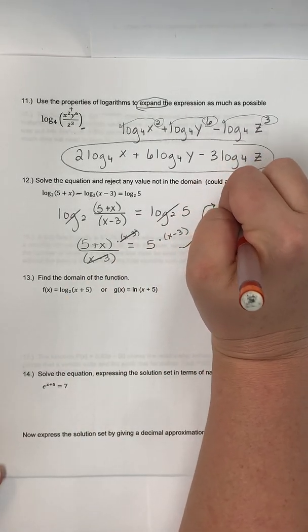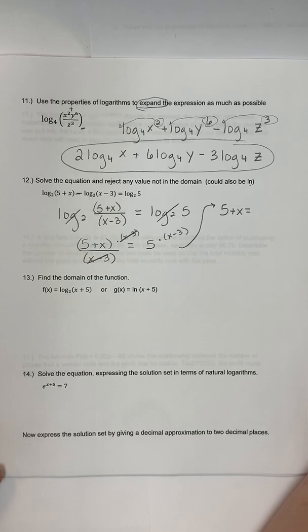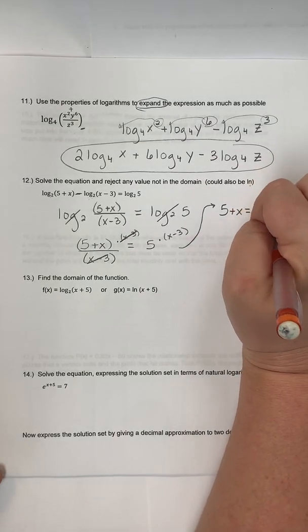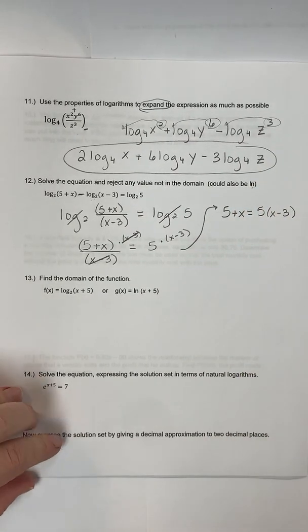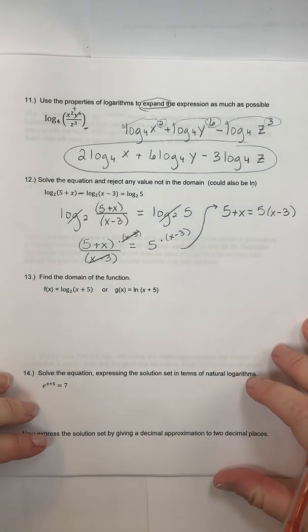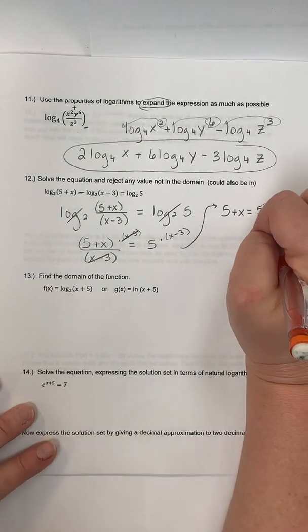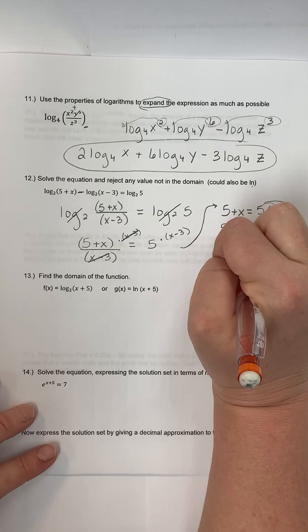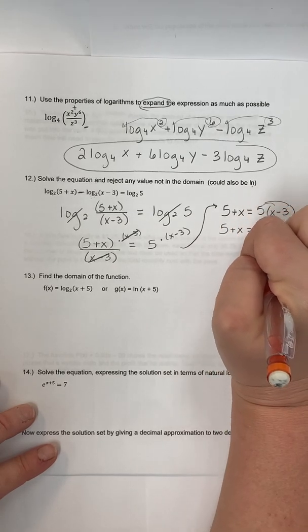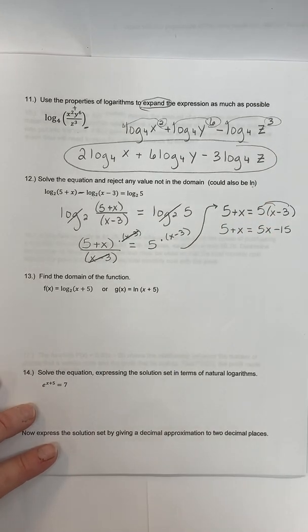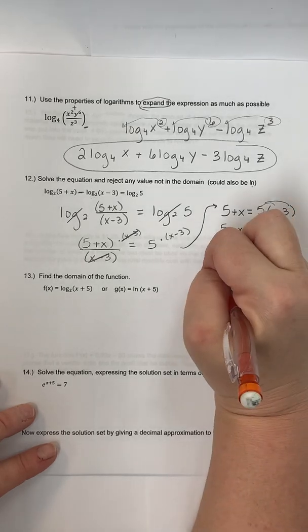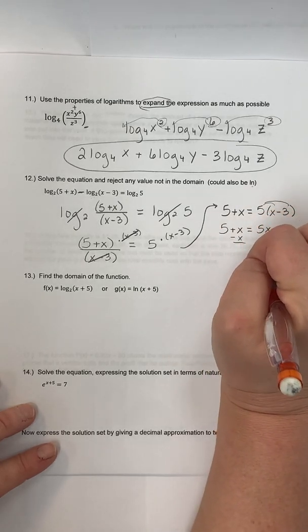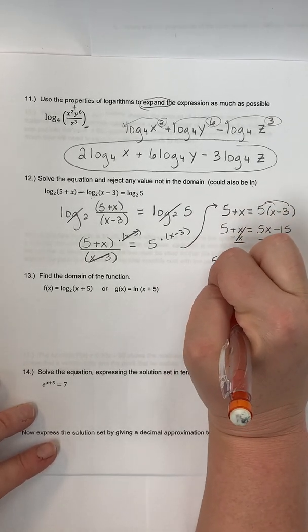I'm left with 5 plus x on the left, and I'm left with 5 times x minus 3 on the right. Okay, I'm going to distribute. I'm going to get 5 plus x equals 5x minus 15. And now I'm just going to solve. I'm going to subtract x from both sides.